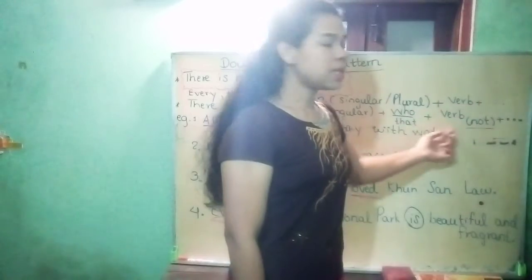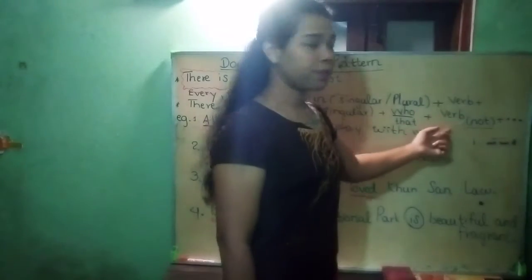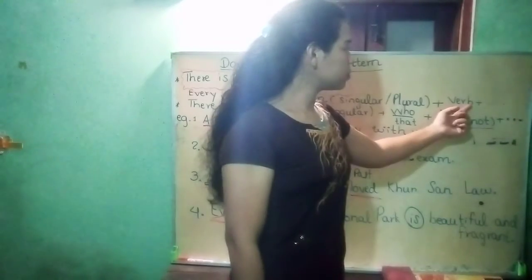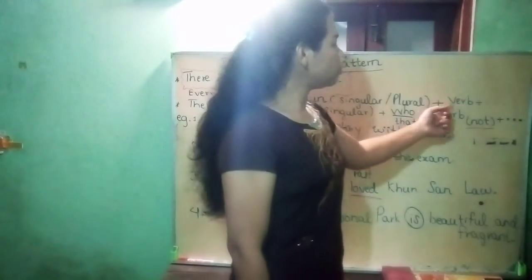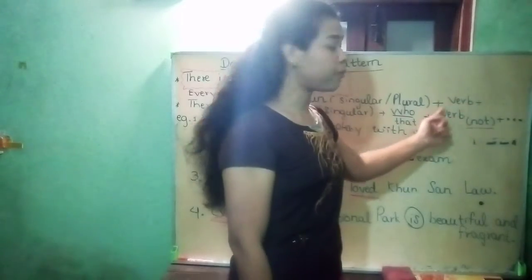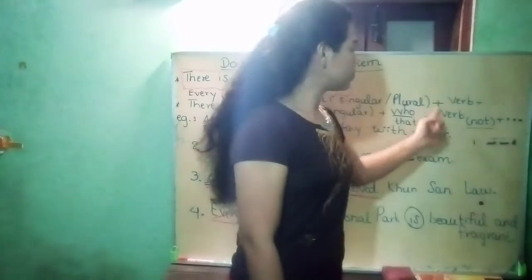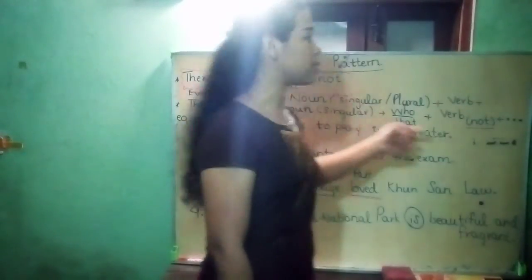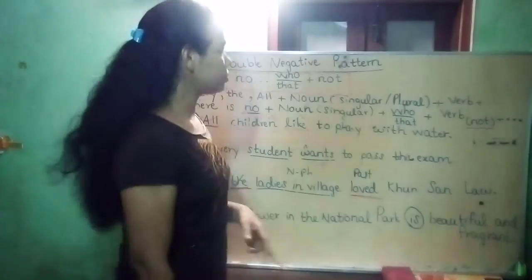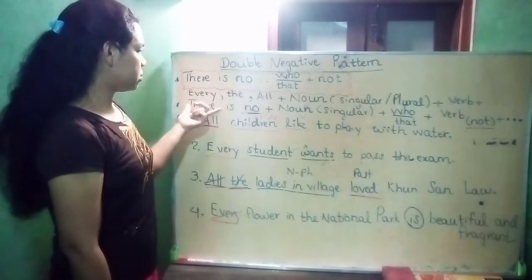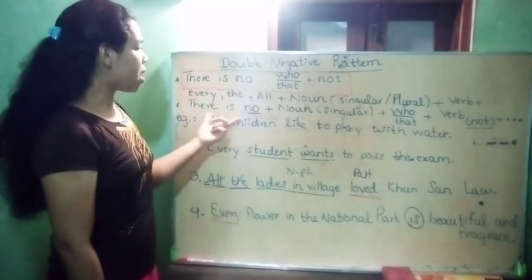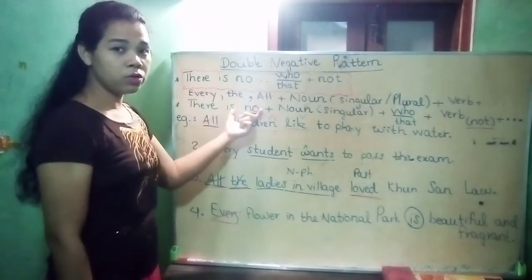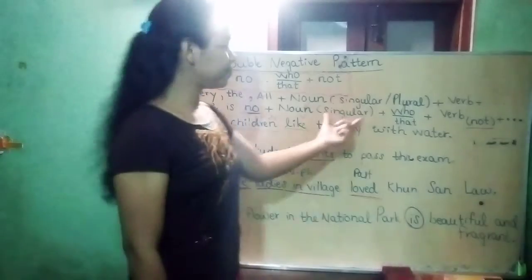I think the next step is very important for this structure. You need to focus on the verb. You need to change this verb into negative form. So please be careful about the verb because this is the negative pattern. In the negative pattern, there are 2 negative forms, so you have to include 2 negative forms in the sentence.